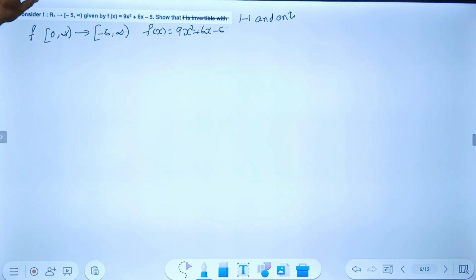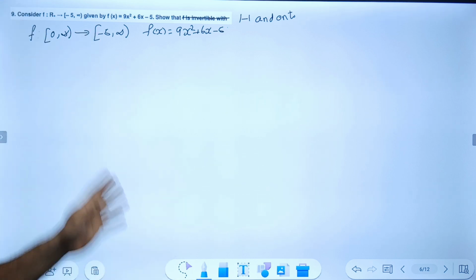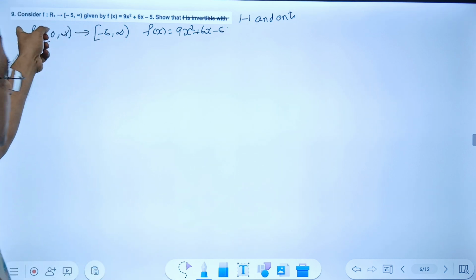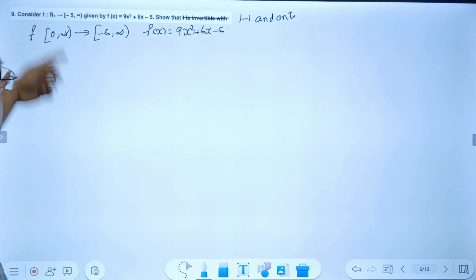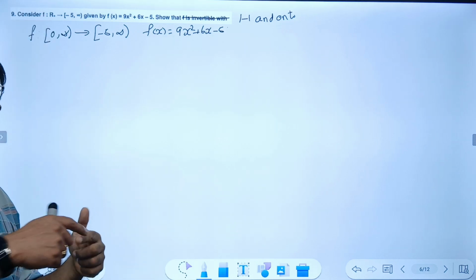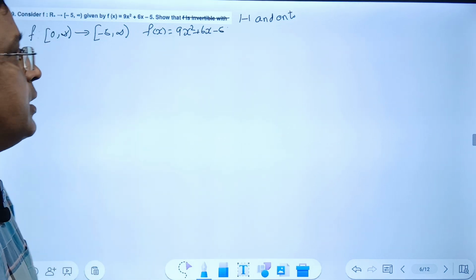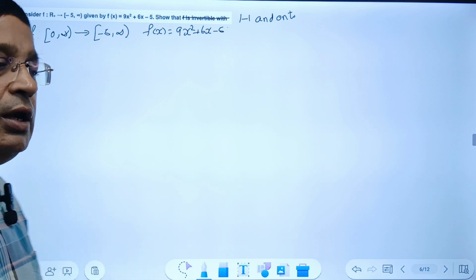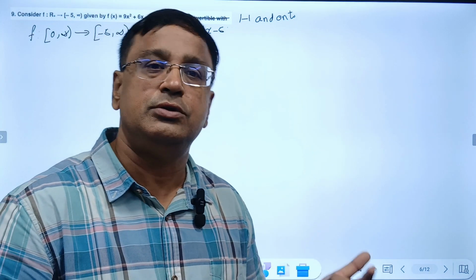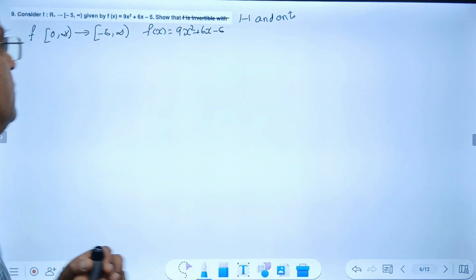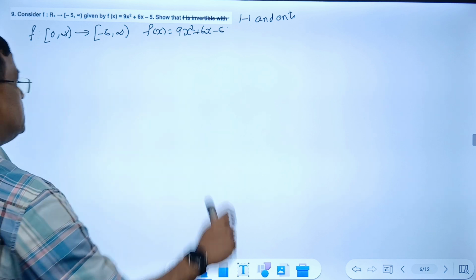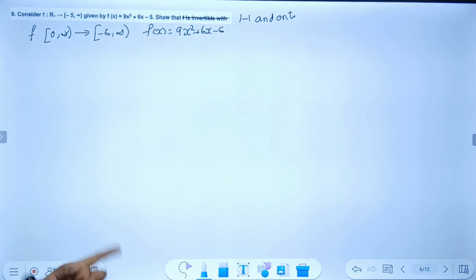So here R plus means all positive real numbers including 0. That is how it is defined, okay? R plus means all positive real numbers including 0, because that will be mentioned in the question. Because all positive real numbers would normally not include 0, since 0 is neither positive nor negative. But here I have taken the convention that R plus is all positive real numbers including 0.